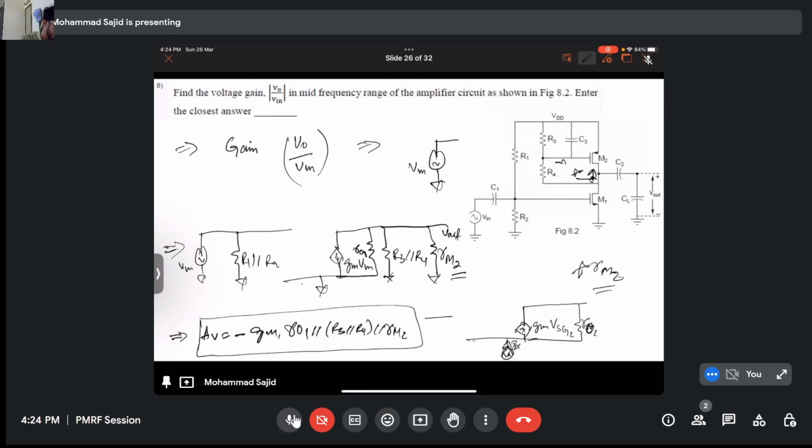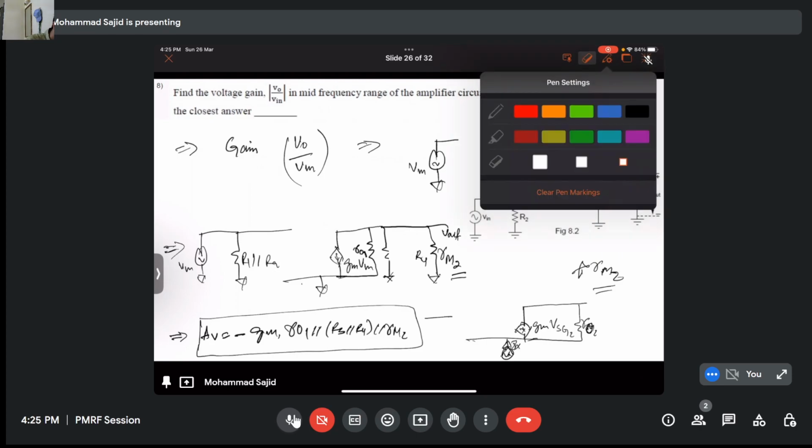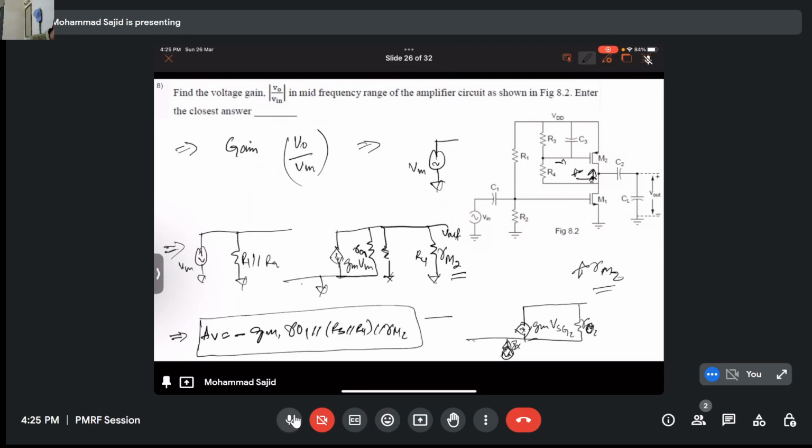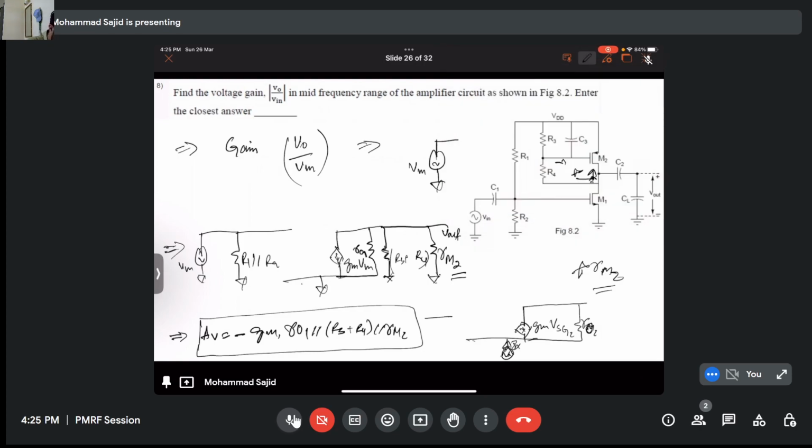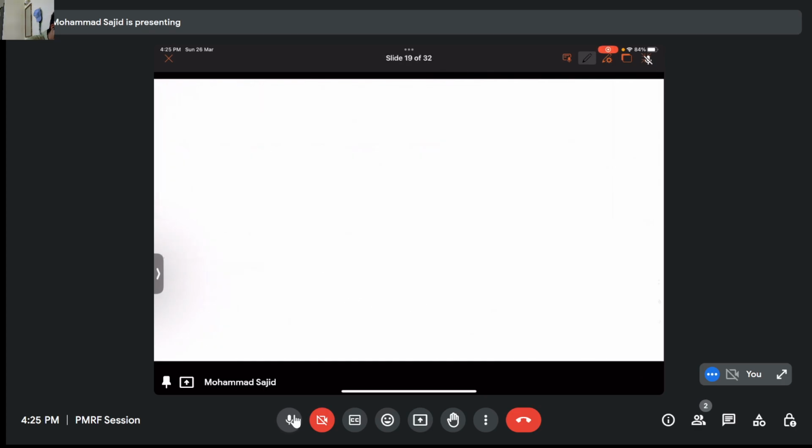Sorry, this is not in series. This has to be R4 only. Not actually R4, it should be R3 plus R4, right? What is the value of R3?